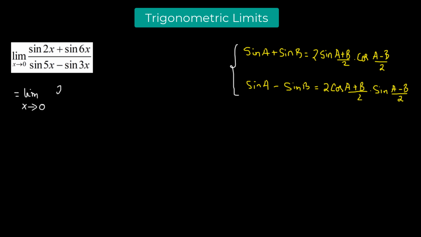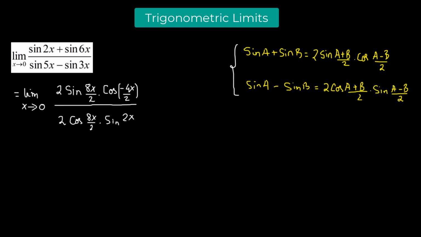In the numerator we have 2 times sine of, 2x plus 6x is going to be 8x, so 8x over 2, times cosine of 2x minus 6x, which gives us negative 4x over 2, divided by 2 times cosine of 5x plus 3x, which gives us 8x, so 8x over 2, times sine of 5x minus 3x, which is going to be 2x, so 2x over 2.